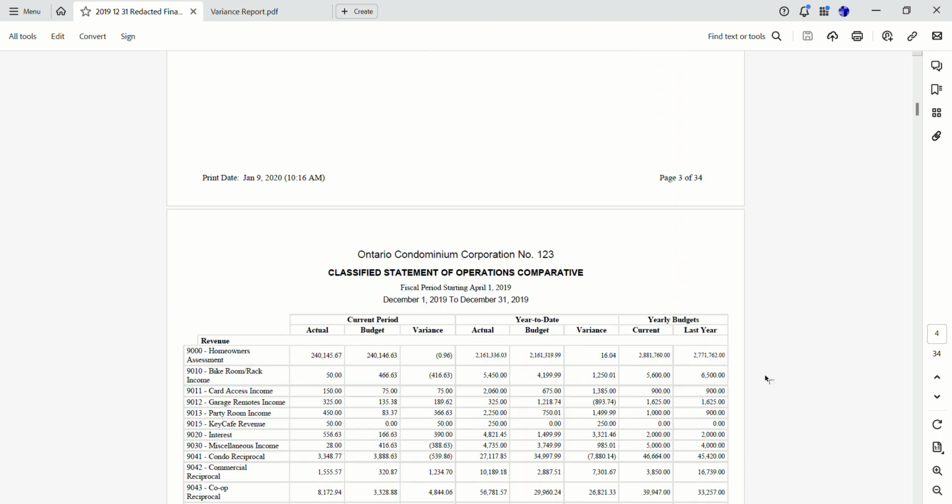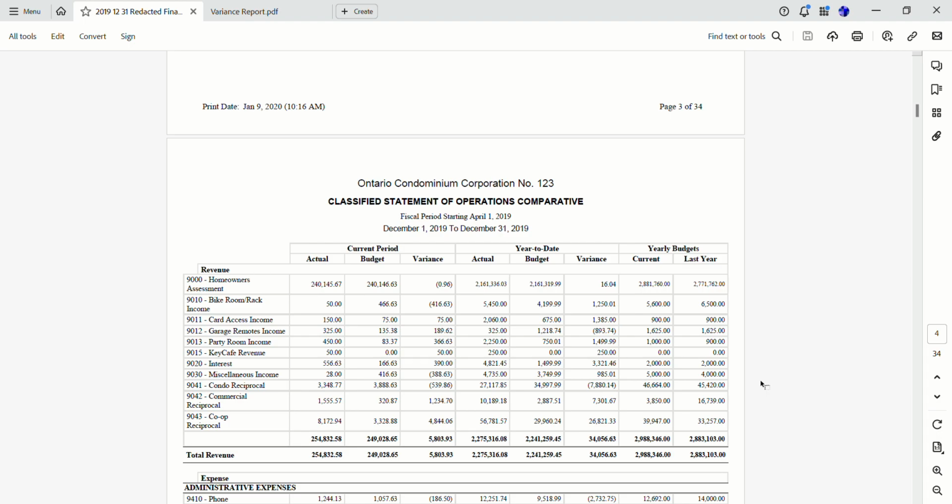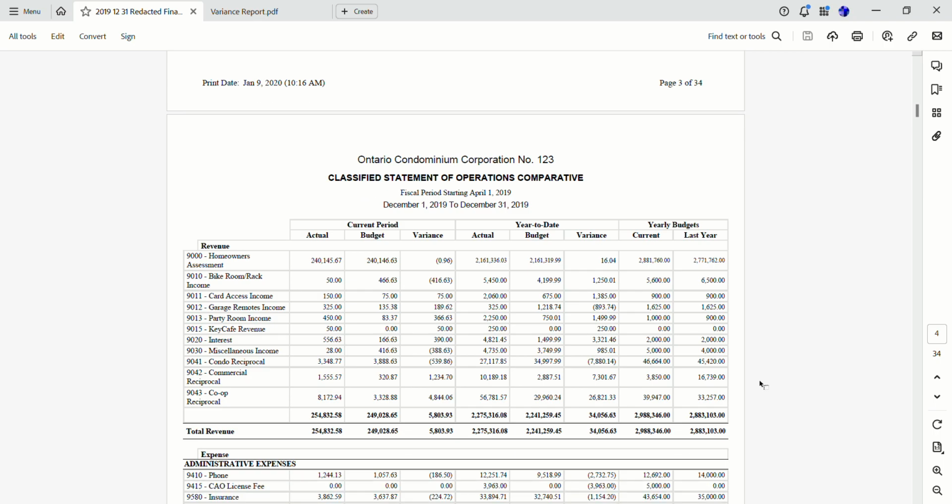When moving forward, we can see that table. It shows all of our account categories. It compares the current period, year to date, and the yearly budget. We can see the actual spend and also this year's budget, the variance for this month, and also the year to date numbers.